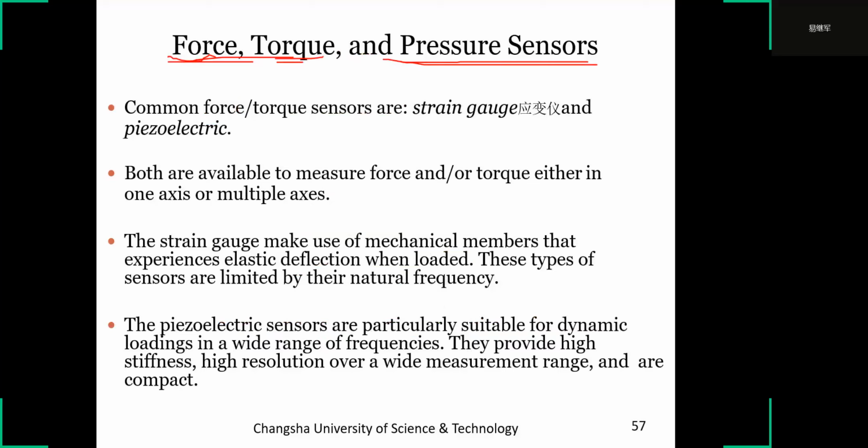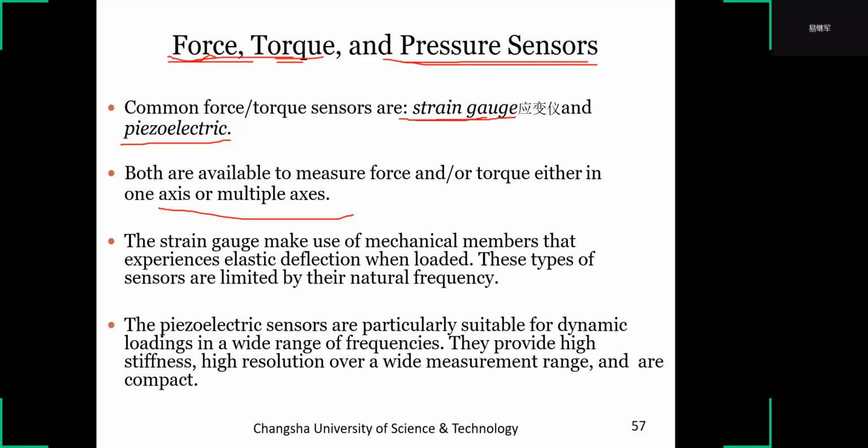Common force and torque sensors are strain gauge and piezoelectric. Both are available to measure force and/or torque, either in one axis or multiple axes. The strain gauge makes use of mechanical members that experience elastic deflection when loaded.